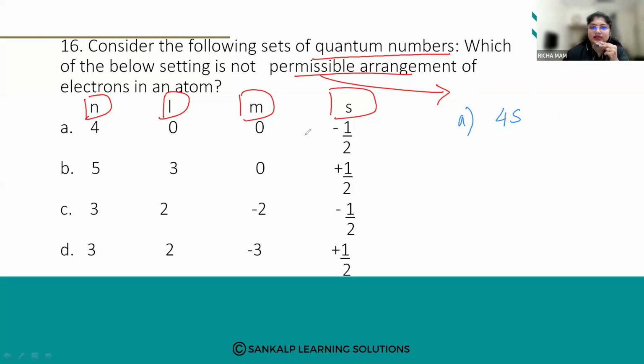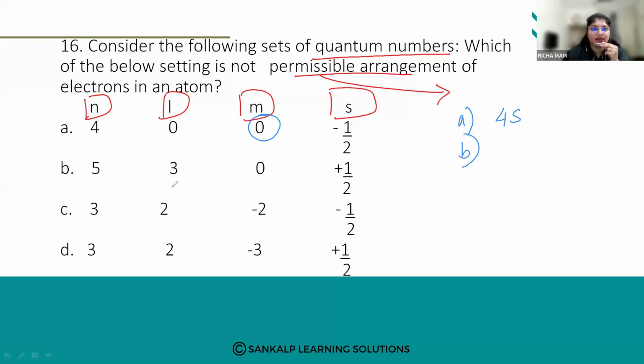So how are you going to find the m values? 2l plus 1, so 2 into 0 plus 1. So 2 times 0 is 0, plus 1, so it will be 1 value. So 0 is possible. So this is correct. Then the second one is what?